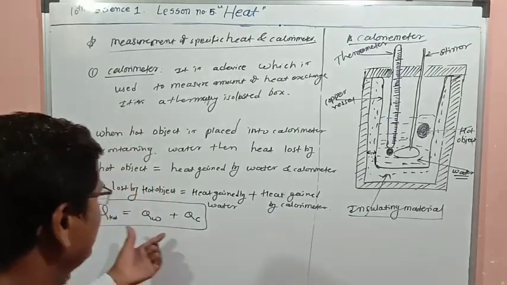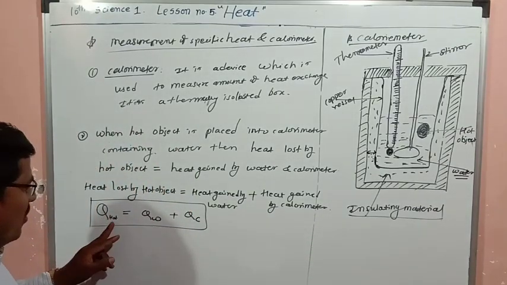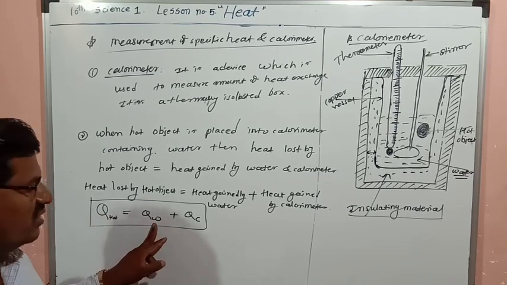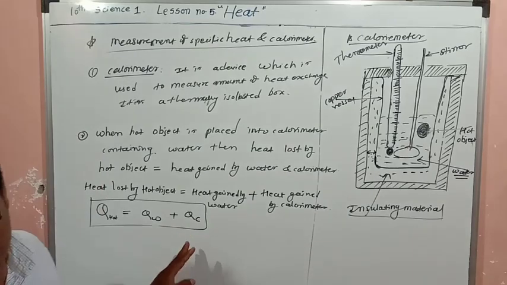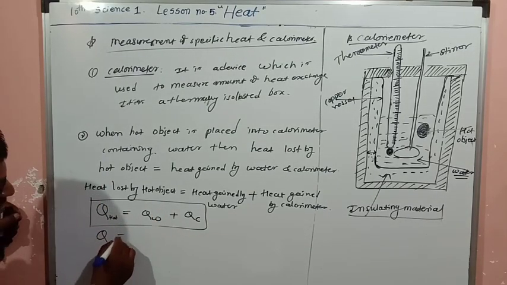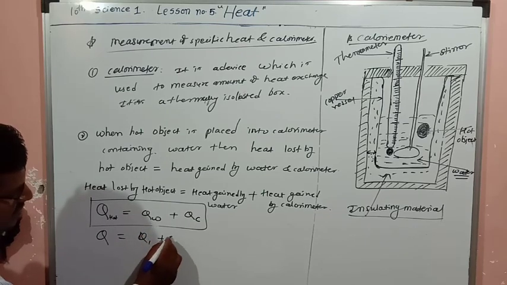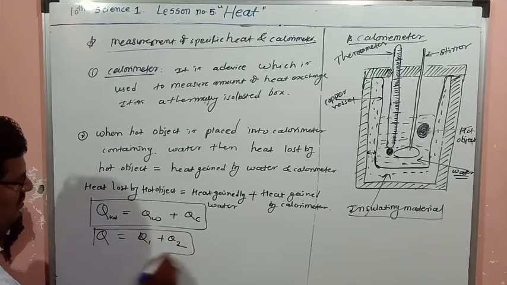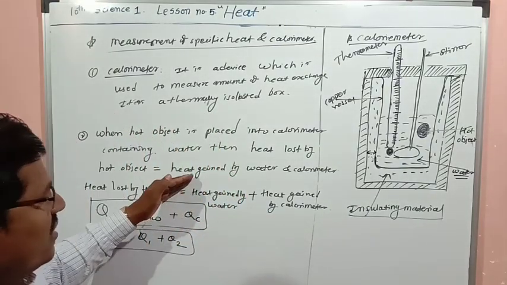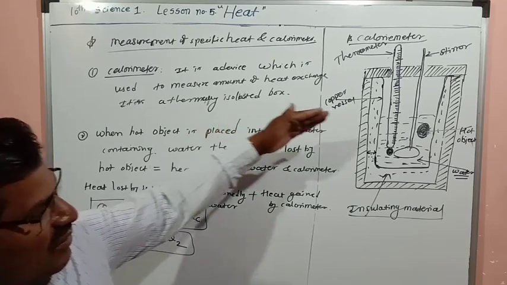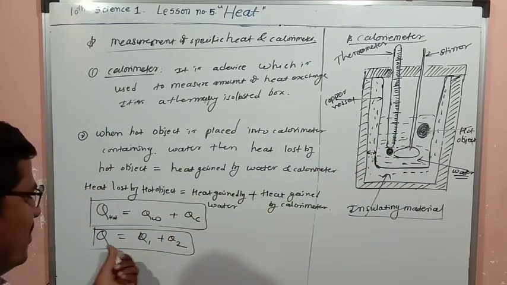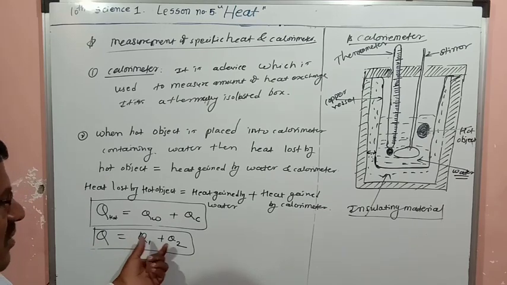So listen, the heat lost by the hot object is equal to the heat gained by water plus the heat gained by calorimeter, or you can say total heat Q is equal to Q1 plus Q2.